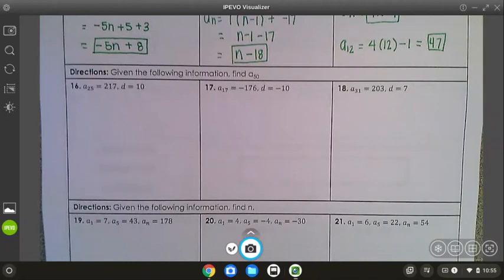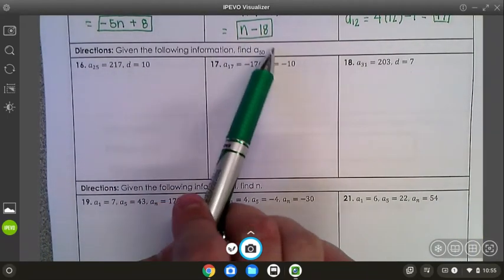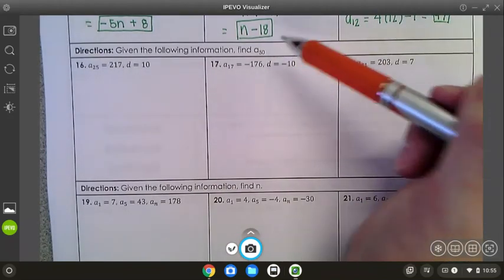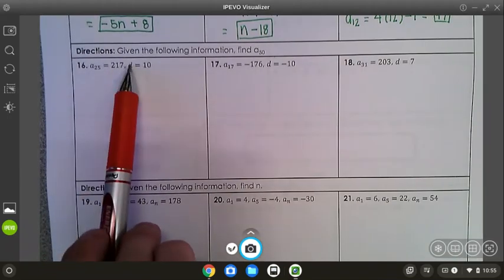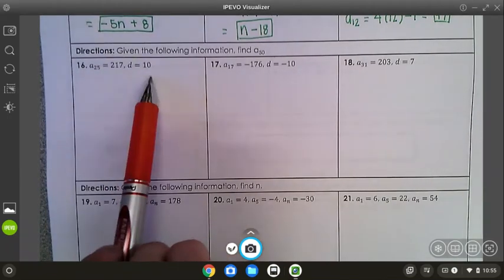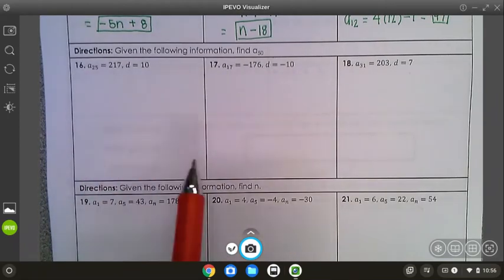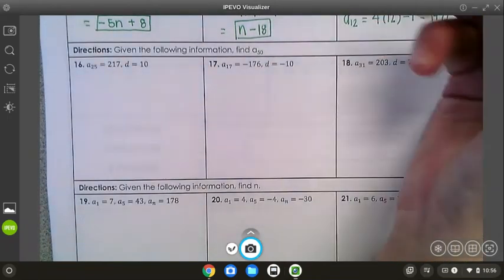Now the next 3 questions, it's telling us to find a particular term. Well, in order to do that, we have to have the formula, unless you just want to start at 25 and add 10 25 more times. But it's very likely that you're going to mess up, and I expect you to do it the formula way anyway. So we have to find the formula.